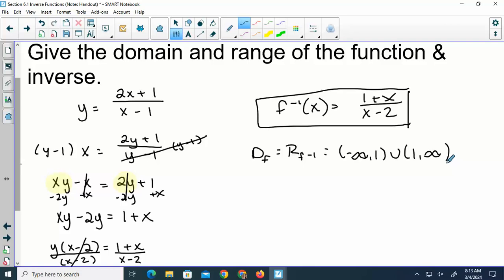Alright, then the range of the function is the same as the domain of the inverse. Harder to look at it and know the range, but if I look at my inverse, what's my domain?